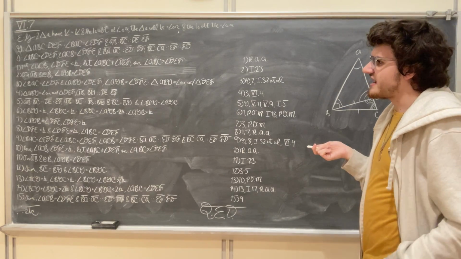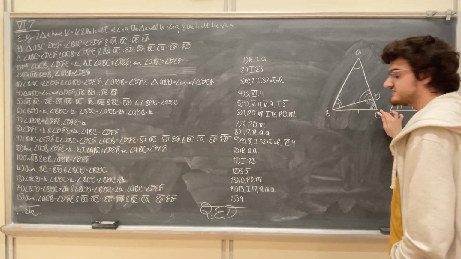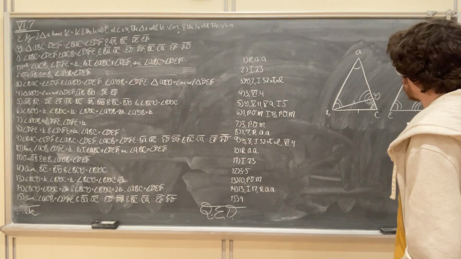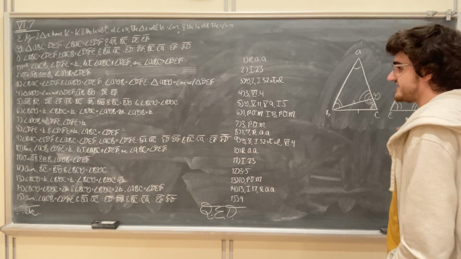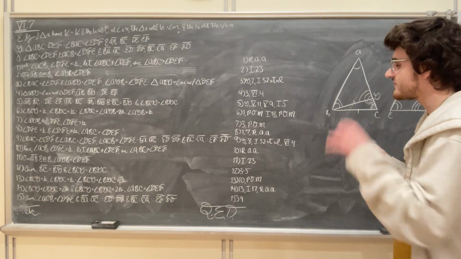But we assume that the angle BCG is less than a right angle, right? That this is the first case where the angle at C is less than a right angle, which means that the angle BGC, which is equal to it, must also be less than a right angle.